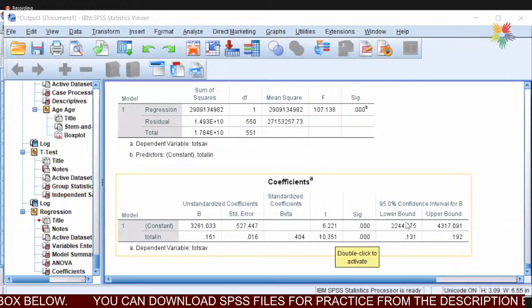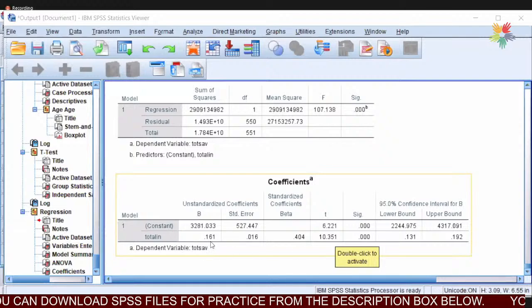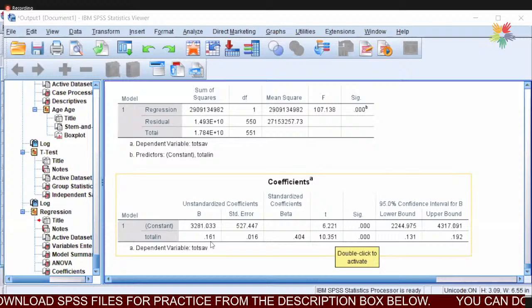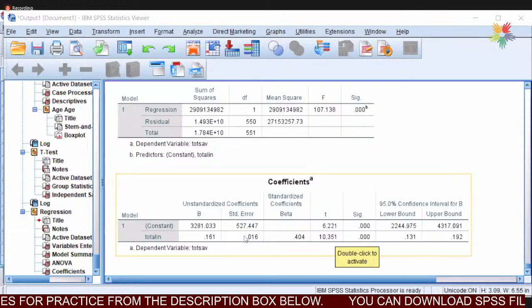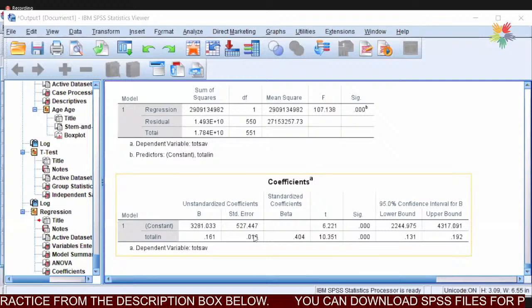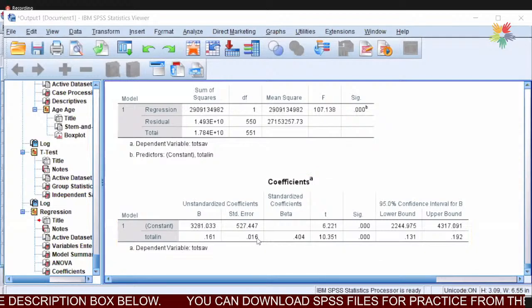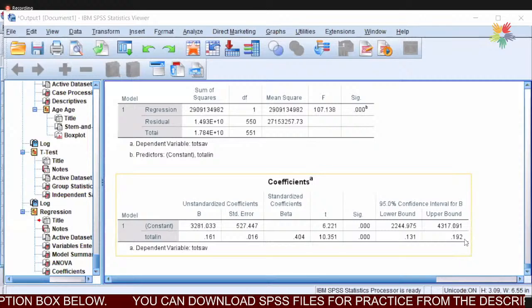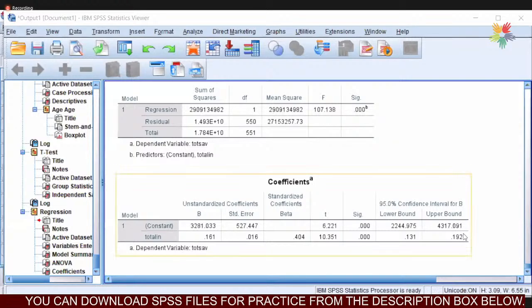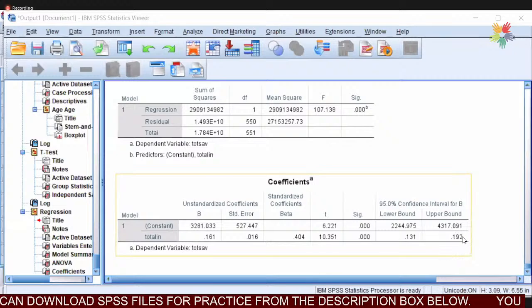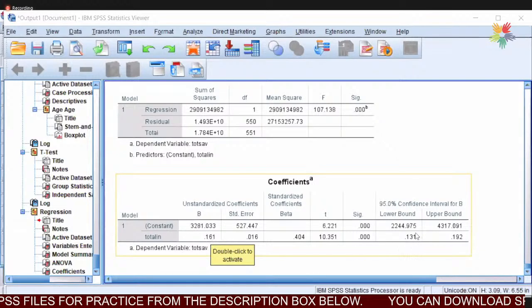The upper bound is beta, 0.161, plus 1.96 into the standard error. The lower bound is beta, 0.161, minus 1.96 into the standard error.